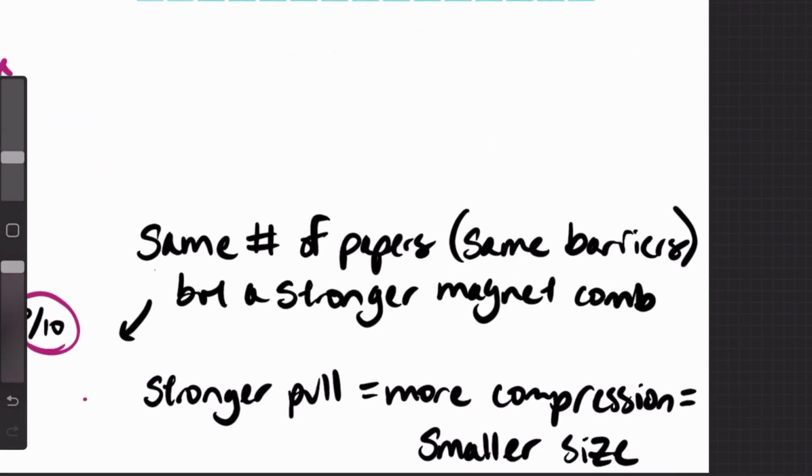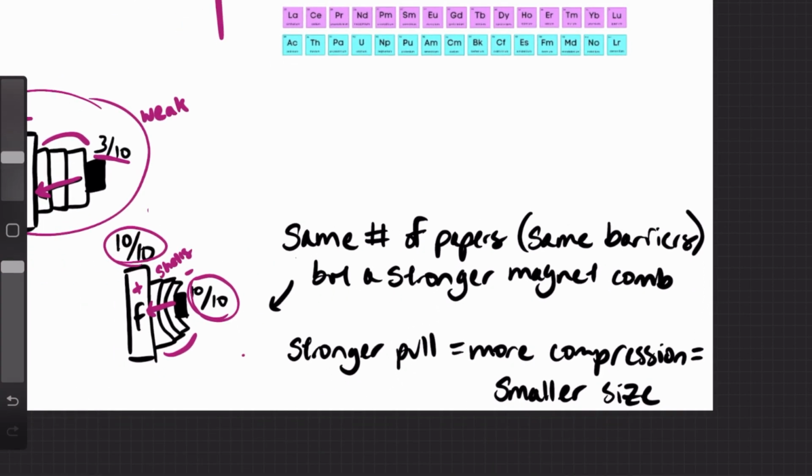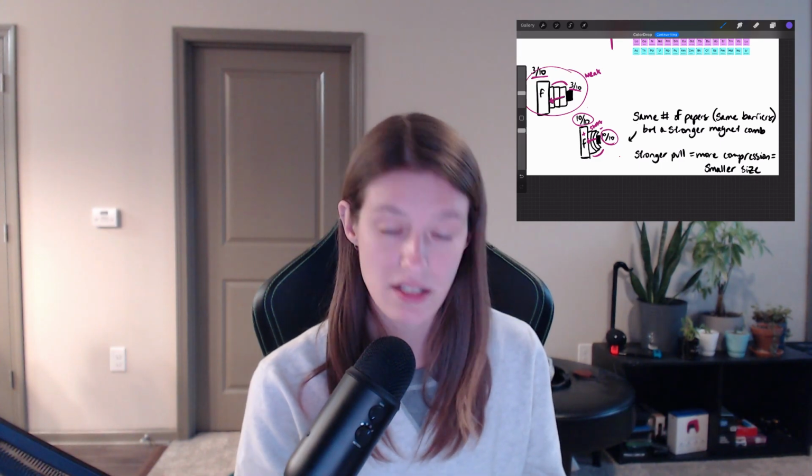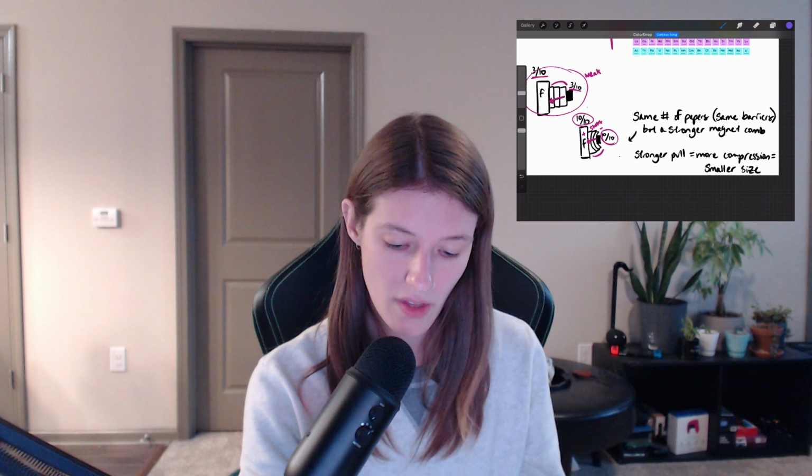So the same number of papers, the barriers or the shells in the case of an atom, but a stronger magnet combo, a stronger charge by having more protons and more electrons overall interacting with each other. This creates a stronger pull and creates more compression, therefore creating a smaller size, decreasing the radius.